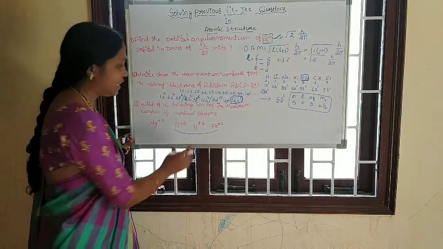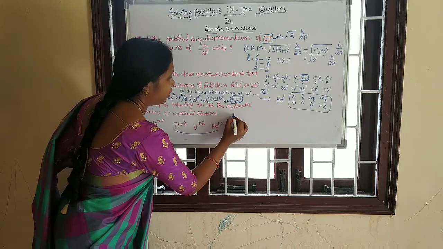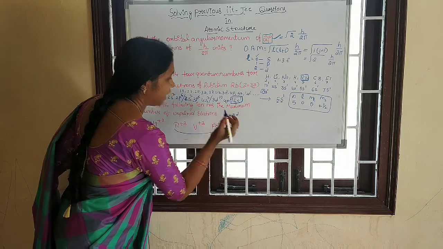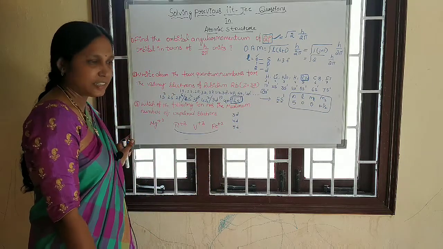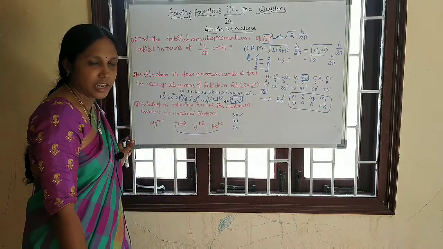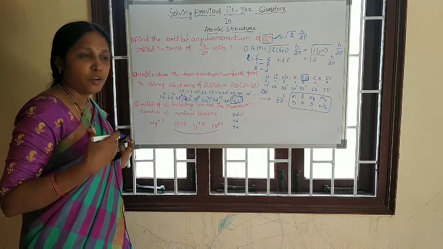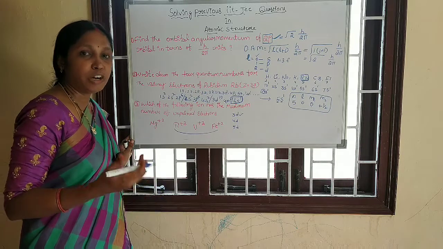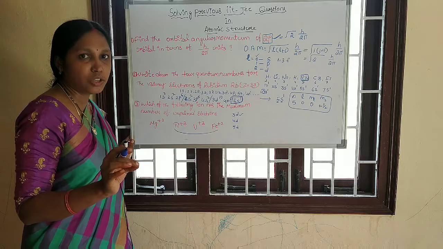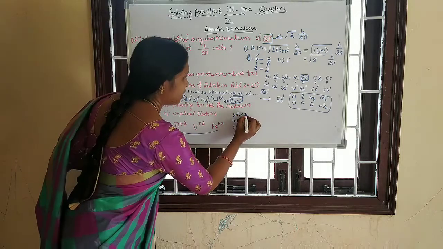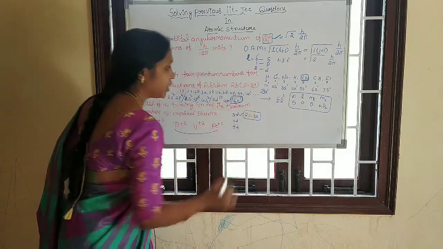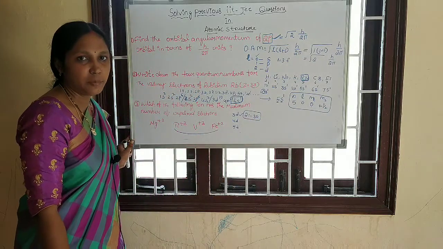And the d block has three series: 3d, 4d, and 5d. These are 3d series elements. All of you know very well the elements 1 to 30. Atomic numbers 21 to 30 are the 3d series elements.